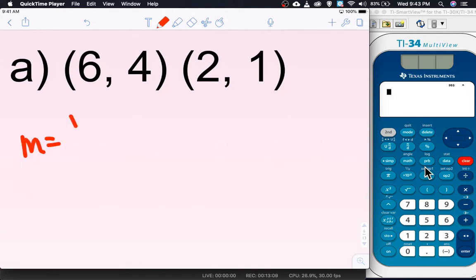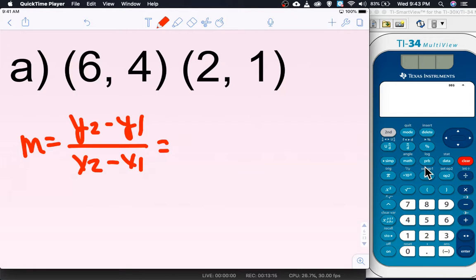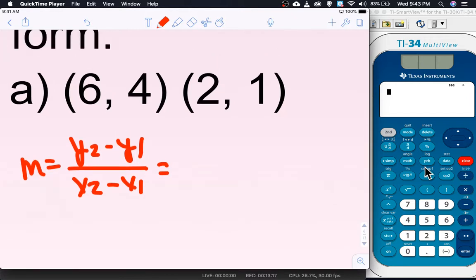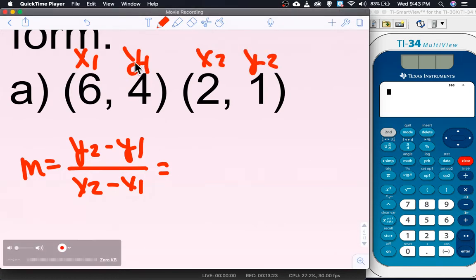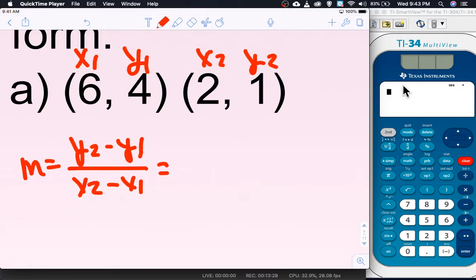So slope formula, m equals y2 minus y1 over x2 minus x1. That's how we find slope. I'm going to label x1, y1, x2, y2. That is the x and the y value of the first point. That is the x and the y value of the second point.